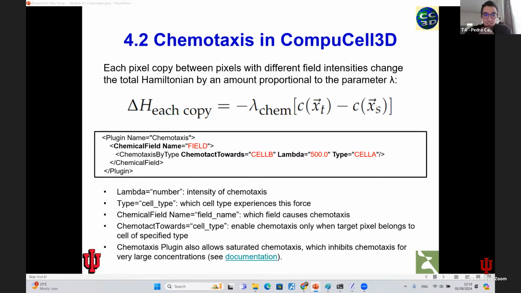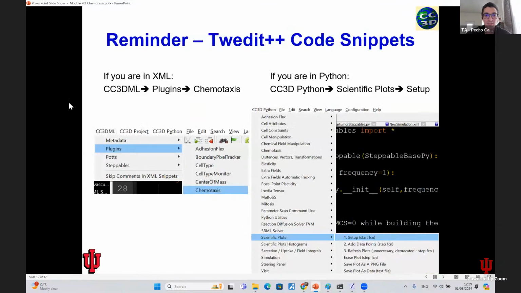The Chemotaxis plugin also allows other options, such as saturated chemotaxis, which inhibits chemotaxis for very large concentrations. For that, I will leave you with the documentation. So I will remind you of code snippets. This will be important in our lecture. To access code snippets specifically for this lecture, in the CC3D ML menu, plugins, you can find the Chemotaxis plugin if you lack it in the XML.